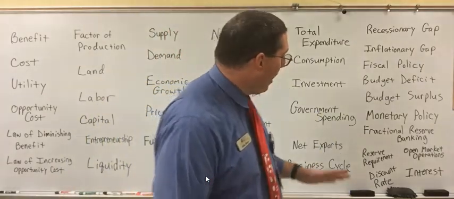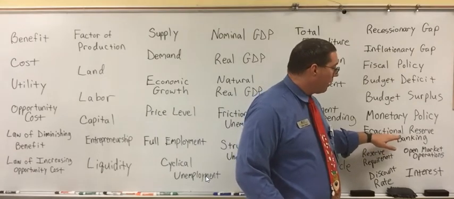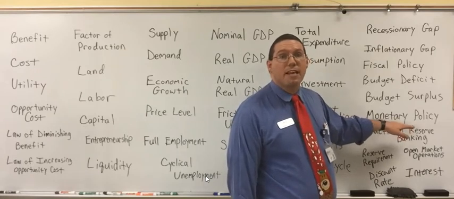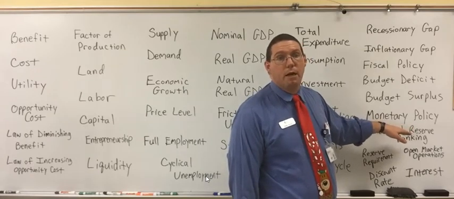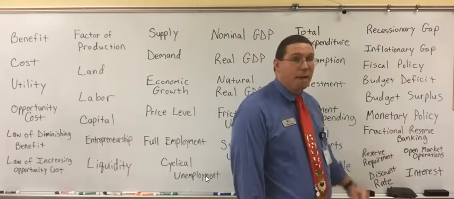Okay, so in our country, banks are allowed to loan out most of the money, and they only have to keep a little bit of their money, just in case depositors want some of their money back. That's a fractional reserve banking system.